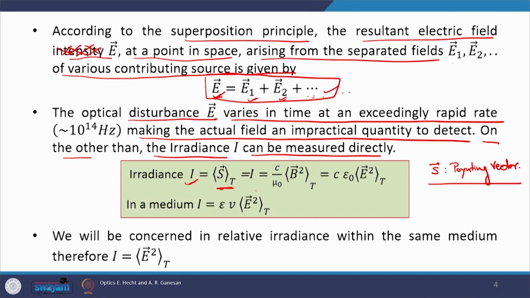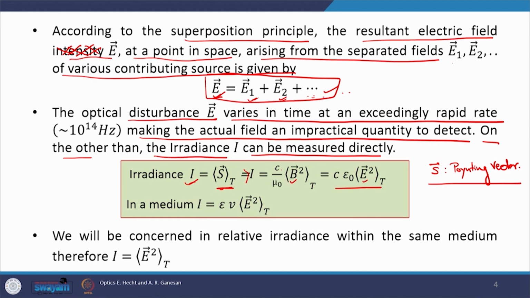Equivalently, we can write it as C by mu naught times the time average of B square, which is equivalent to C into epsilon naught times the time average of E square. B is your magnetic field and E is your electric field vector.